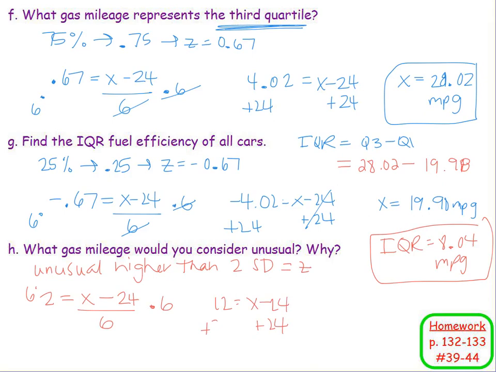Add 24 to both sides. So for us, unusual is 12 plus 24 is 36 miles per gallon. Or we know because it's higher than, we're going to say greater than 36 miles per gallon. And it's unusual because it's 2 standard deviations away.